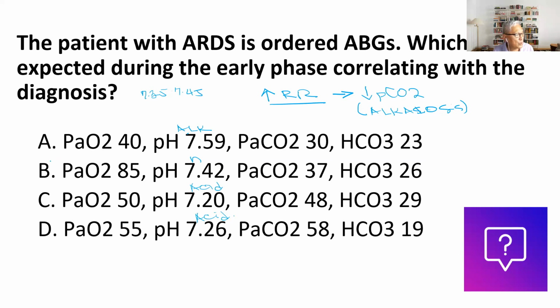So as you could see, the early part of ARDS is going to be characterized by a respiratory alkalosis. Okay, so as you could see, the CO2 over here is 30 and normal CO2 is 35 to 45. All right, so the correct answer is letter A.